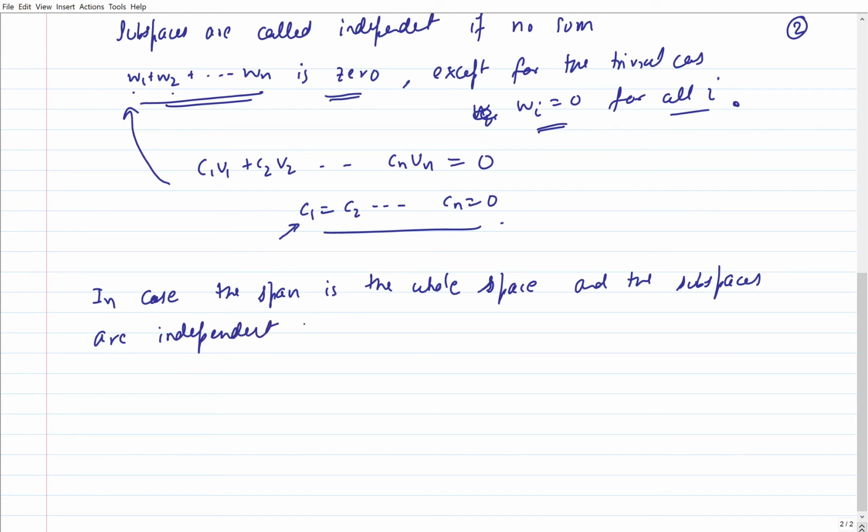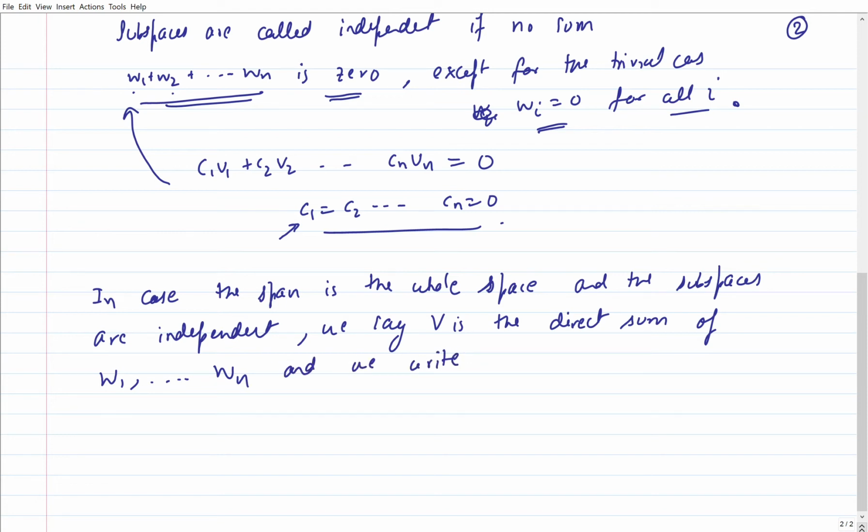We say V is the direct sum of W1, ..., Wn, and we write V equals W1 ⊕ ... ⊕ Wn. This is the symbol for the direct sum.